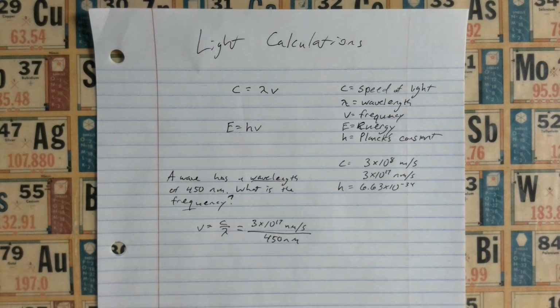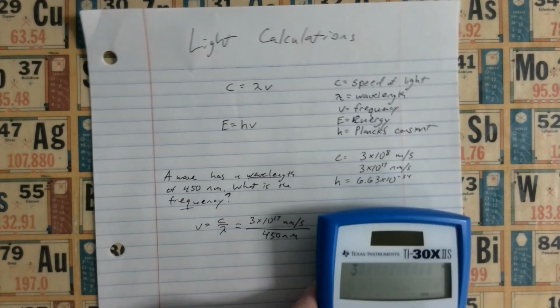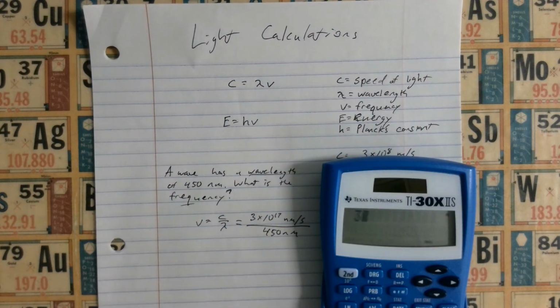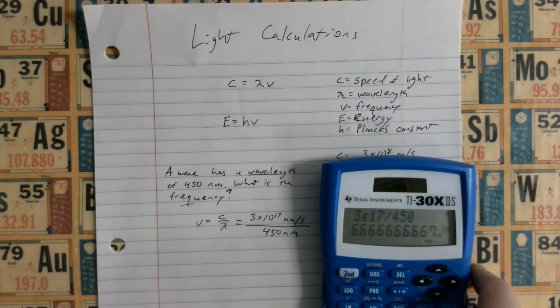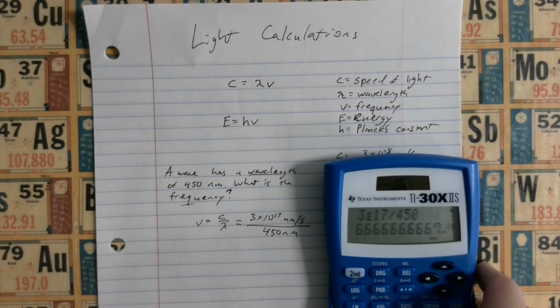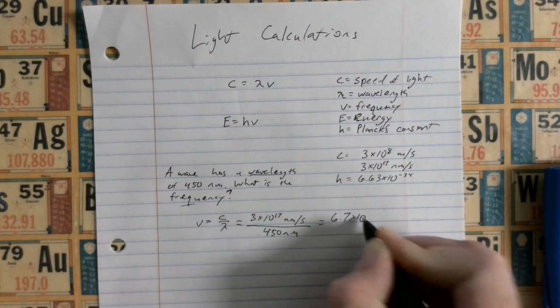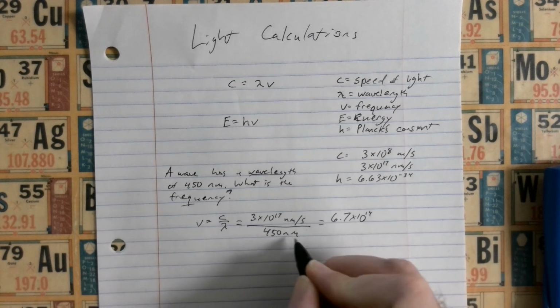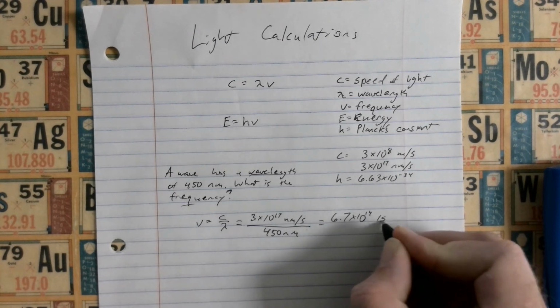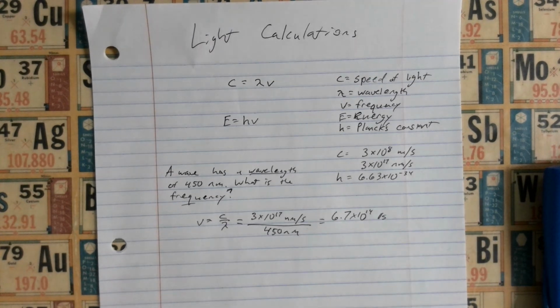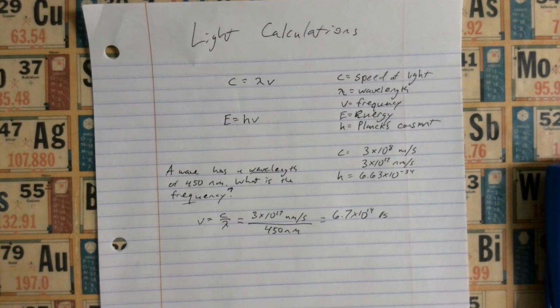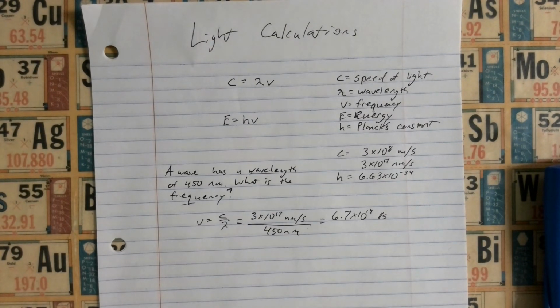I'll plug that into my calculator: 3E17 divided by 450 gets me, let's call it 6.7 times 10 to the 14th. And for your unit, the nanometers cancel, so it's just per second, or sometimes that's hertz. Okay, so that's how you would do that one.